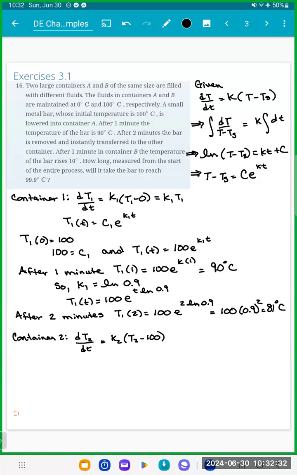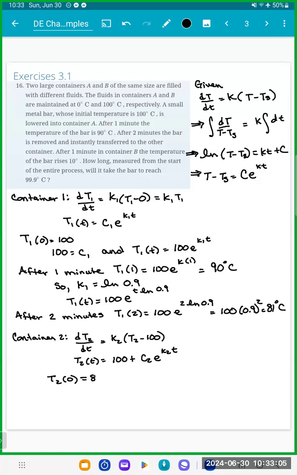And so that then gives us that T2 of T is equal to 100 plus C2 E to the K2 T.